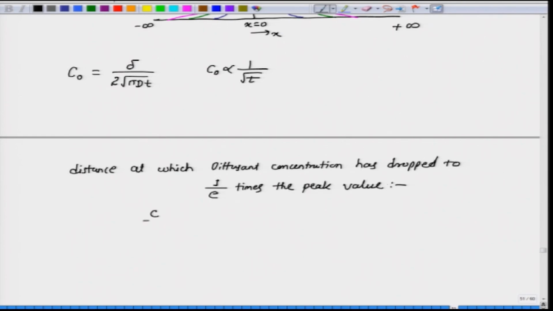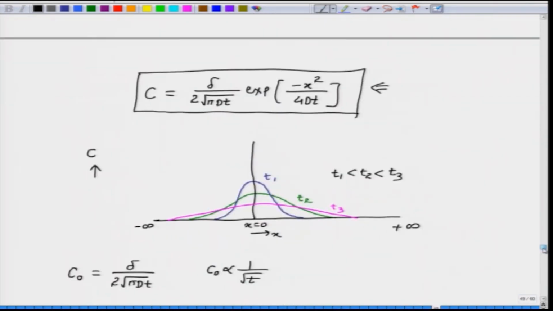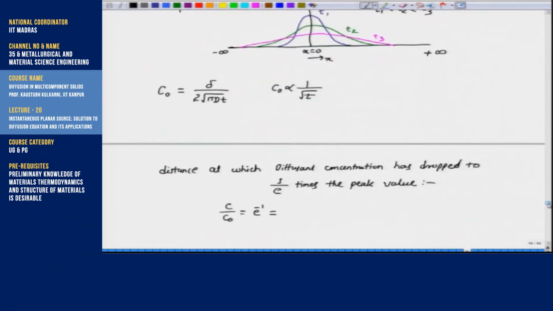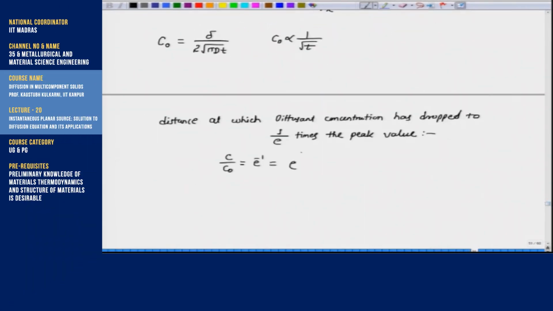So, C by C naught is equal to e to power minus 1, and from this equation that should be exponential minus x square by 4 dt, e to power minus x square by 4 dt. So, what we get, let us call this x e. x e is equal to 2 root dt.